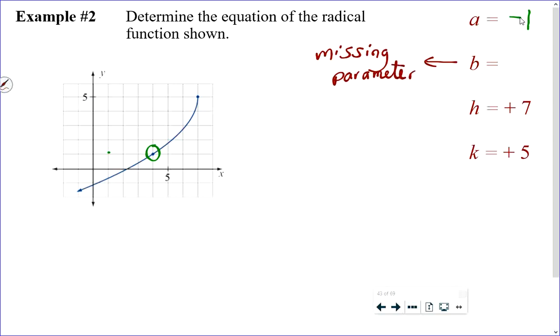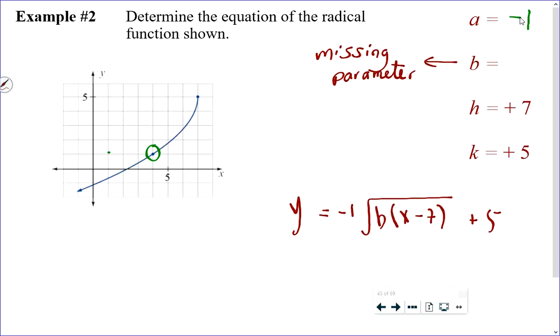And you find a missing parameter by loading into the function an ordered pair. Well, what's the function? The function in this scenario is y equals negative 1 times the square root of b, which we don't know, times x minus 7, and then plus 5. And we have a missing parameter.